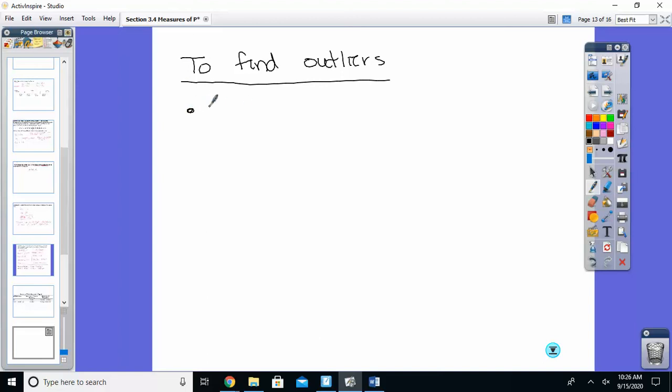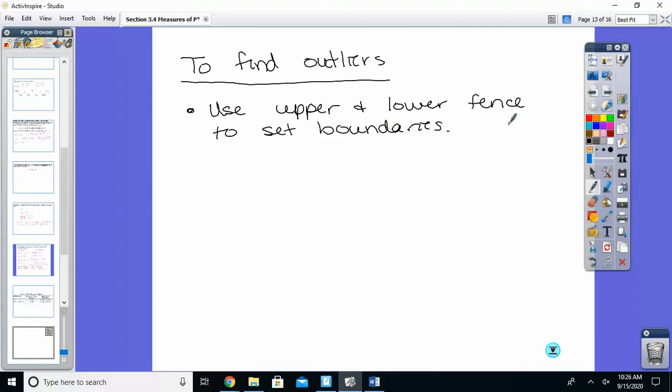What we are going to do is use the upper and lower fence to set our boundaries. Anything outside this window is an outlier.